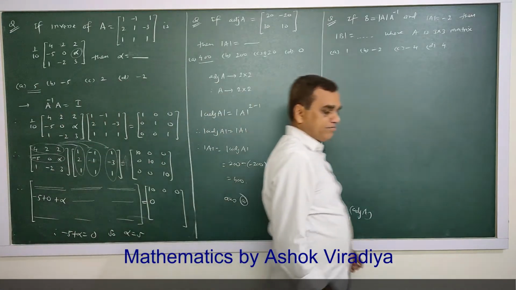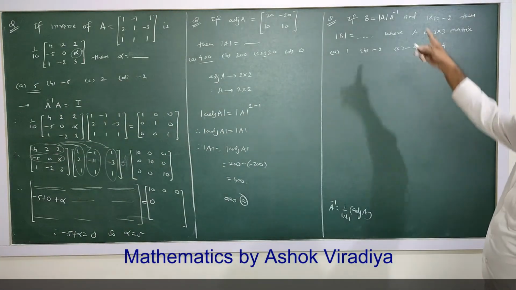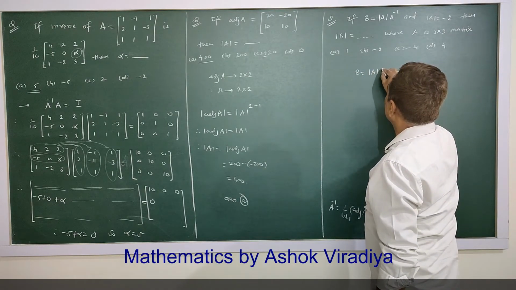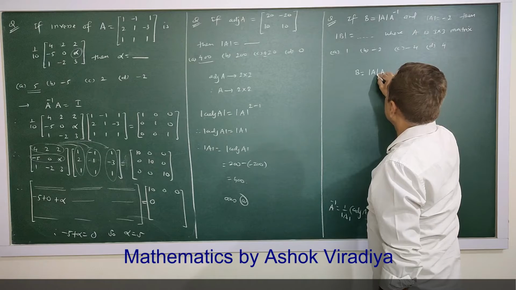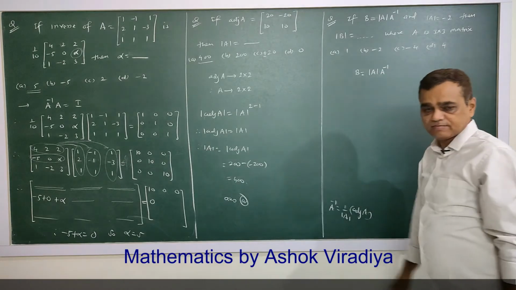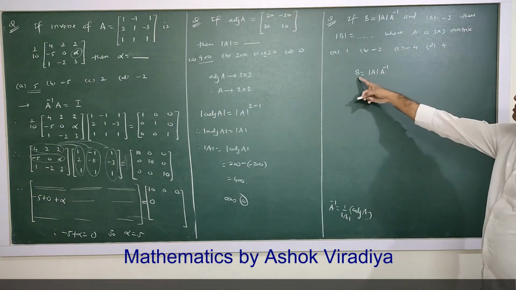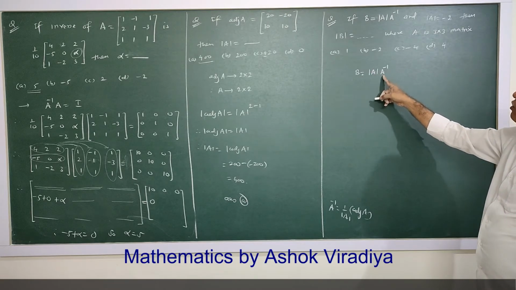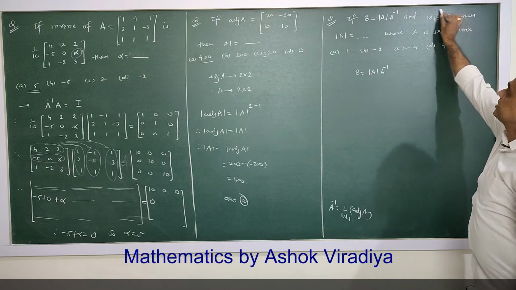Now in this problem, B is determinant A into inverse of A. Matrix B is determinant A times inverse of matrix A, and determinant A is given.